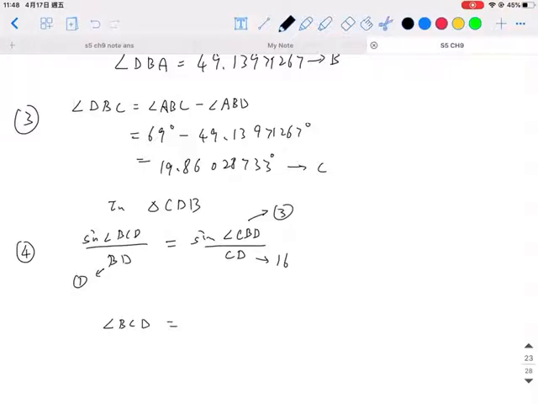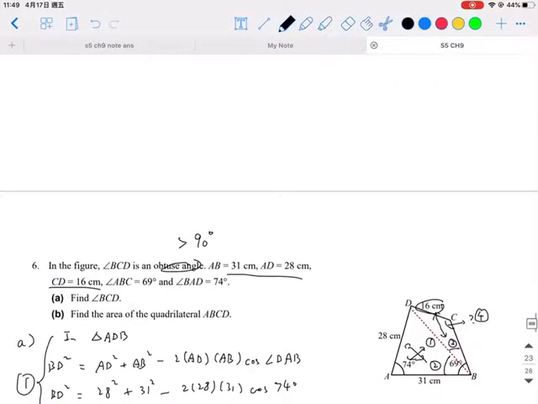And remember, we have 2 values. One is 49 something or 130 degrees. Okay, so which one is the suitable answer? Remember the BCD is an obtuse angle, so it should be greater than 90 degrees.